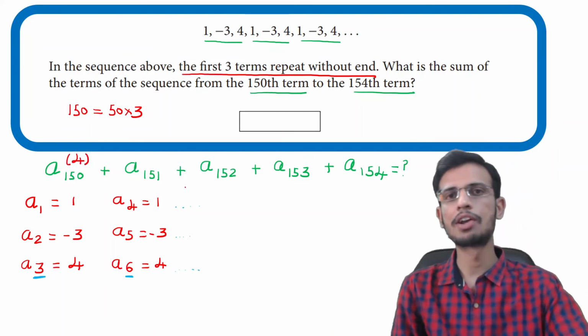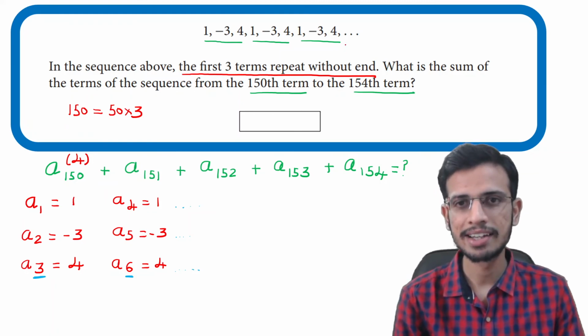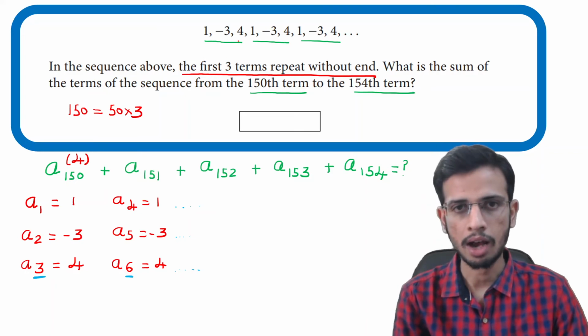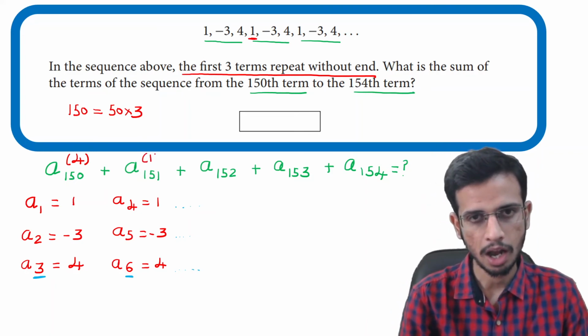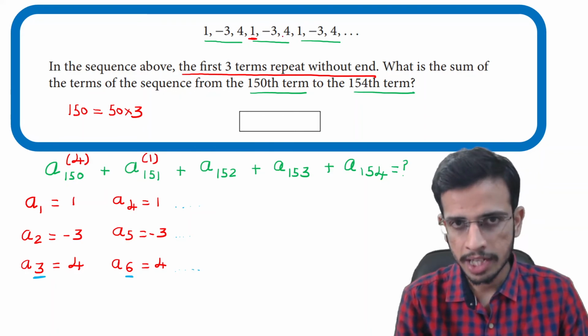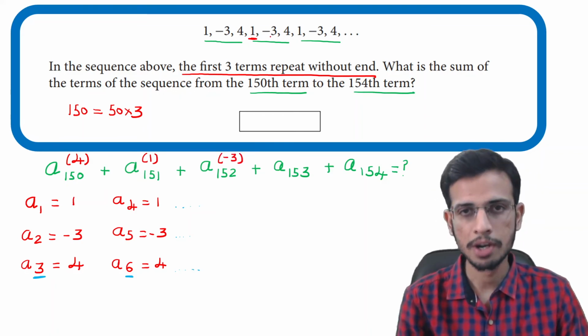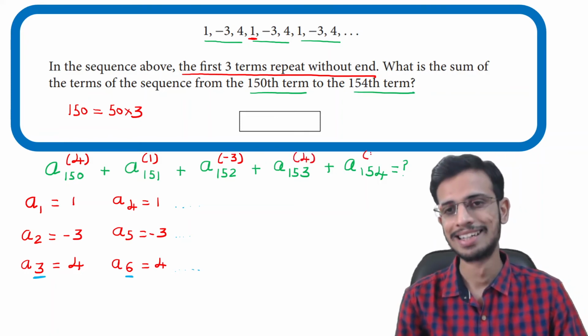And once we get our 150th term, we can continue writing the terms. After 4 there will be 1. After 1 there will be -3. After -3 there will be 4, and after 4 there will be 1.